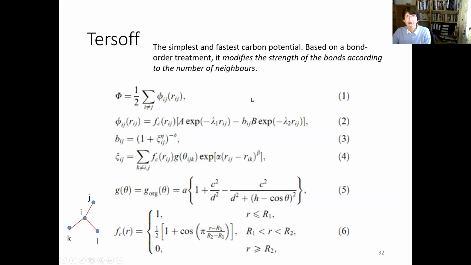Probably the earliest, and believe it or not, the simplest of this type of potential is the Tersoff potential. It's probably the fastest one, and it's quite successful for diamond structured carbon and silicon. So here we have all the relevant equations, and it's not quite as horrendous as it might look at first sight.